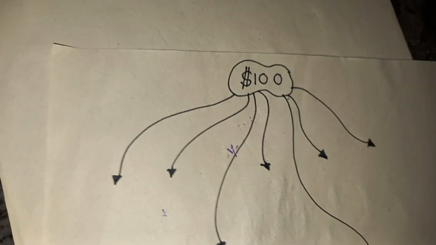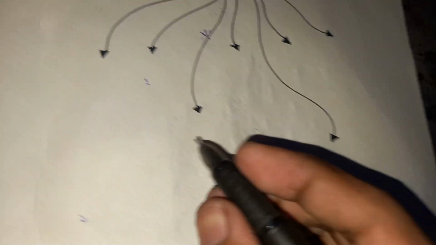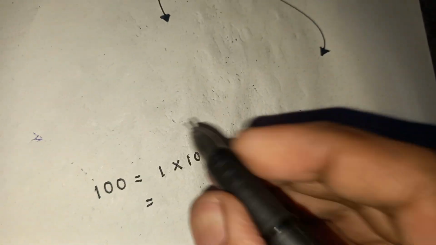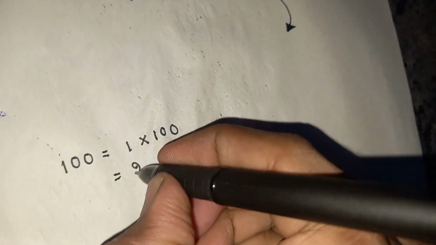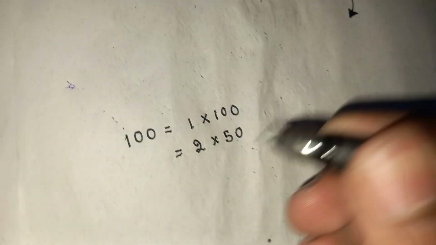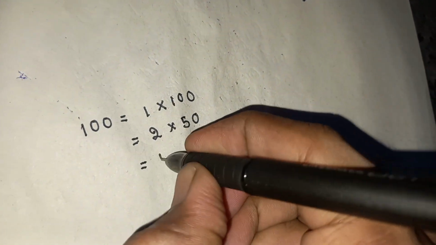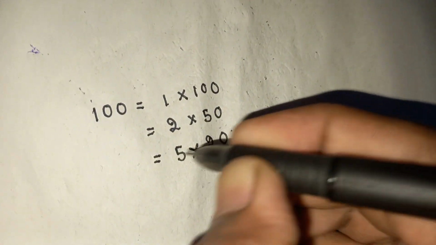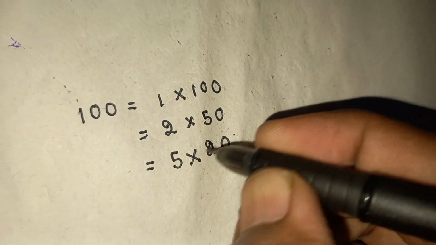Next problem, I'm going to tell how to make any bills with $100. Before that, we must find out how we can write 100 in different ways. 100 you can write as 1 times 100, and that's just one way. Another way is 2 times 50, because 2 times 50 becomes 100, and you can write it as 5 times 20, because 5 times 2 is 10, and 5 times 0 remains.